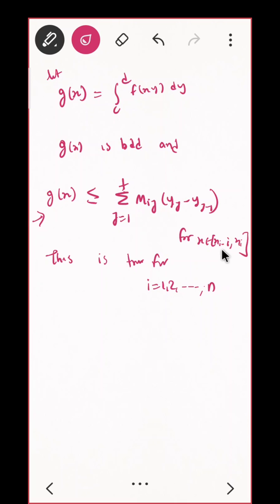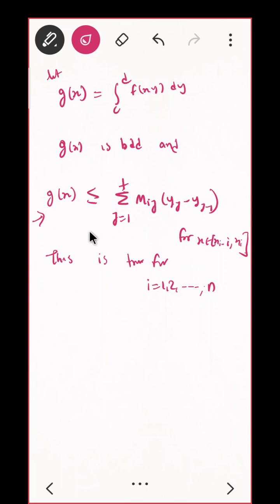First for i equal to 1, your x will belong to x0 to x1, then next it will be x1 to x2, x3 to x4, x4 to x5. Correct? Yes. Okay, next step, what will I do?